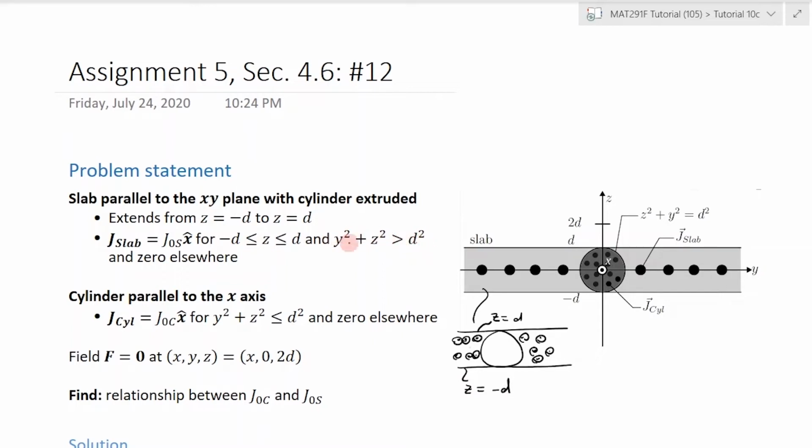What does it mean? This means when the distance from the x-axis is greater than d. So this is outside of this cylinder extruded from this slab.